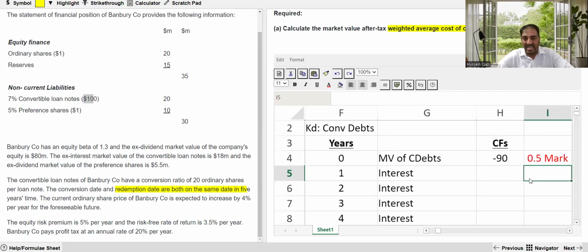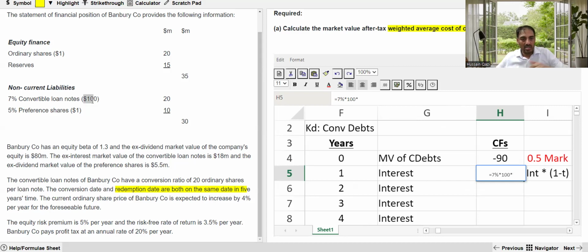The interest calculation is interest multiplied by 1 minus tax. This is the examiner's recommended approach. The investor will earn 7% on 100, but the company will pay that interest and get the tax advantage. So the tax rate is 20%, which means it's 80%, or 0.8.